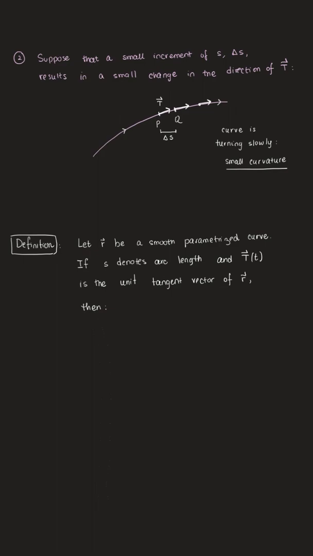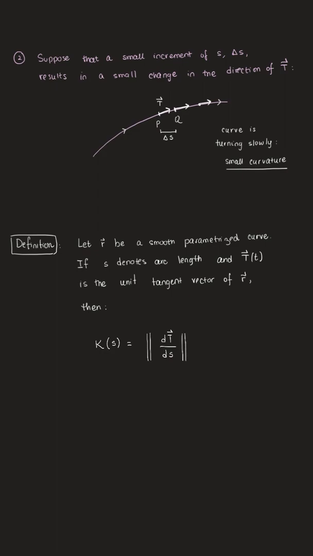Then curvature, for which we use the Greek letter kappa, lowercase, right now is going to be a function of our arc length parameter. And curvature is the magnitude of the change, so the magnitude of the derivative of our tangent vector with respect to our arc length.